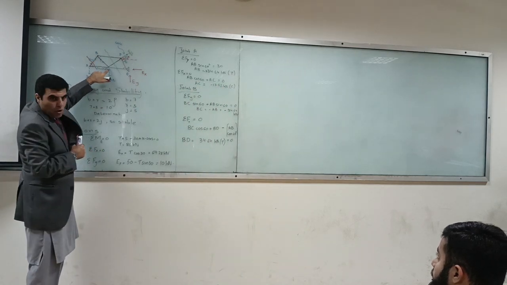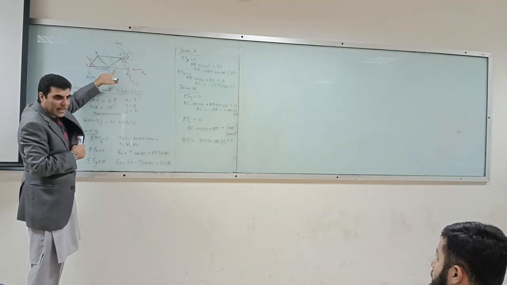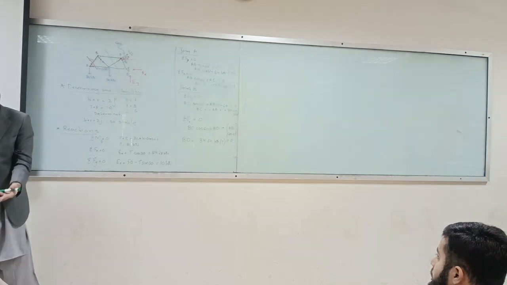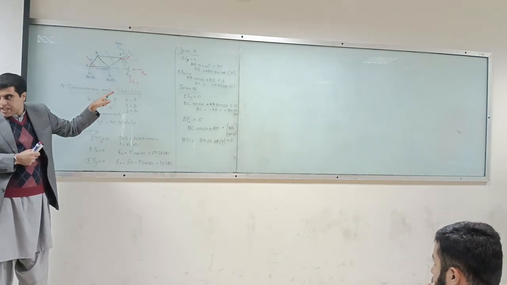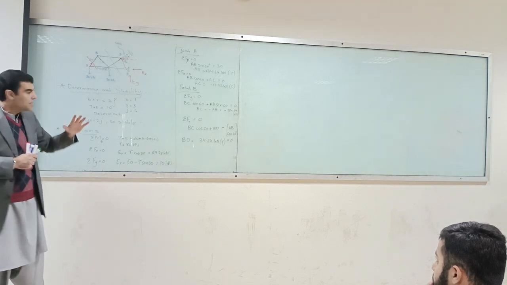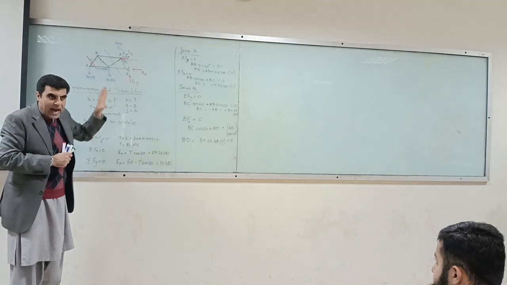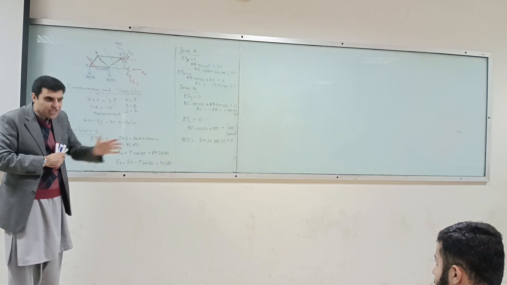I can take moment at point C. Why? Because the other two members, which should be included in my free body, make 0 moment with respect to C. So what you do in method of sections is you take the external forces and those forces which are cut by the section.